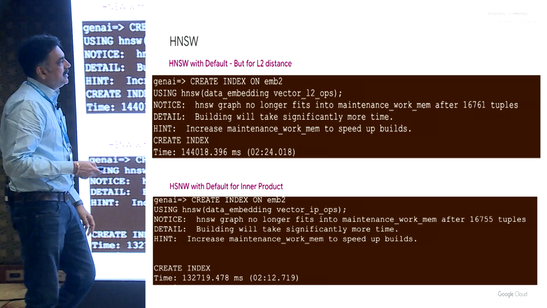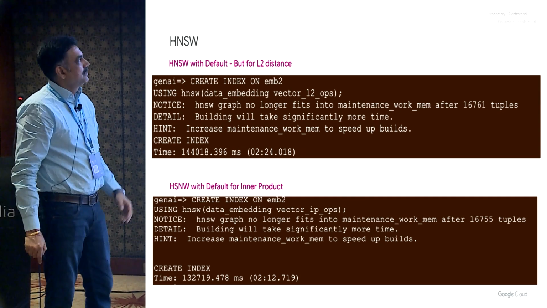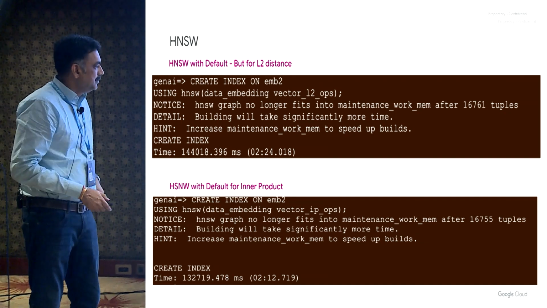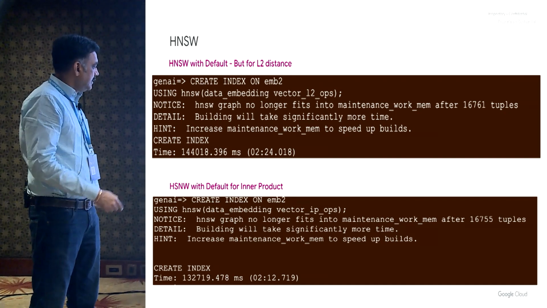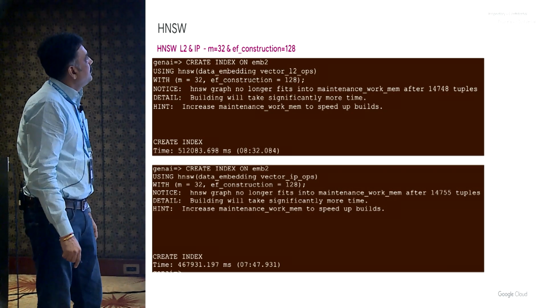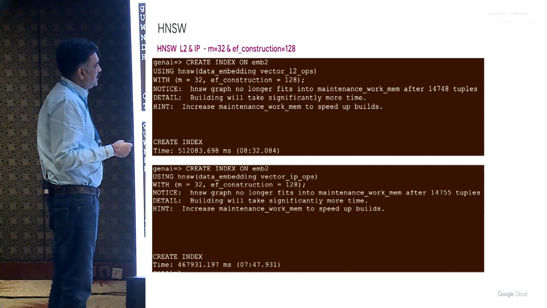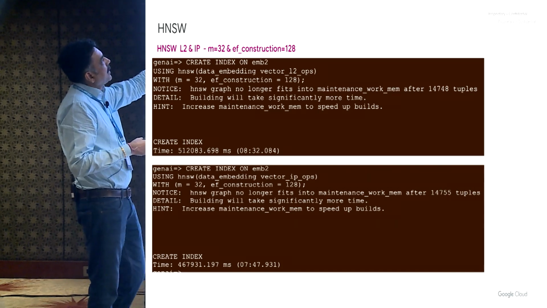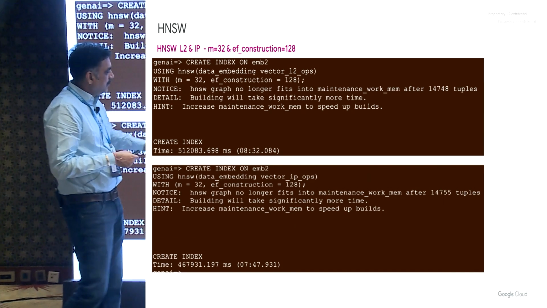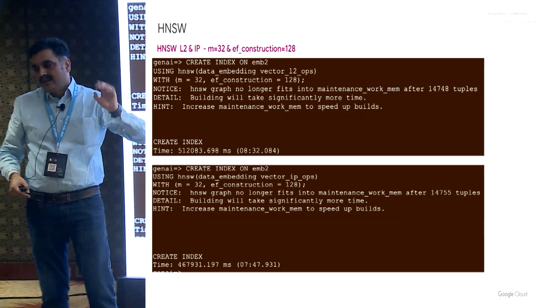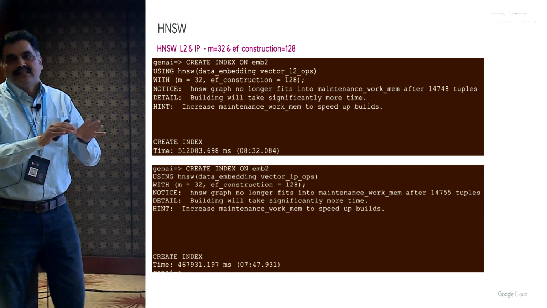Okay, so now we established that the inner product or the L2 distance is more or less similar. It's not having a huge impact on the build time. Now, what I wanted to show you is increasing it to 32 and 128 for L2 and IP as well, because we did the same thing for cosine and the results are similar.